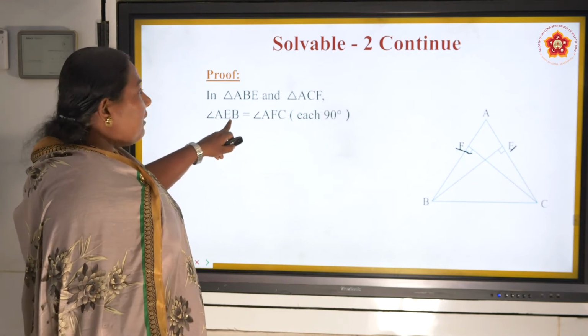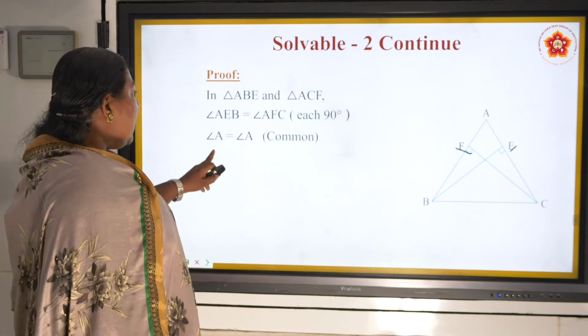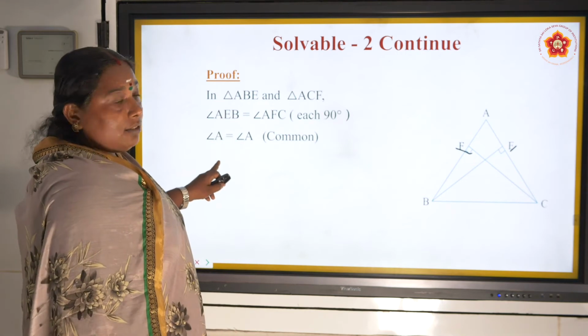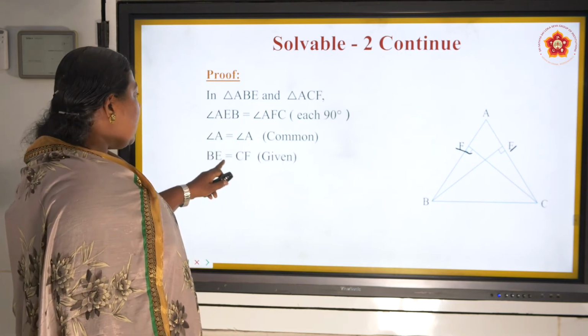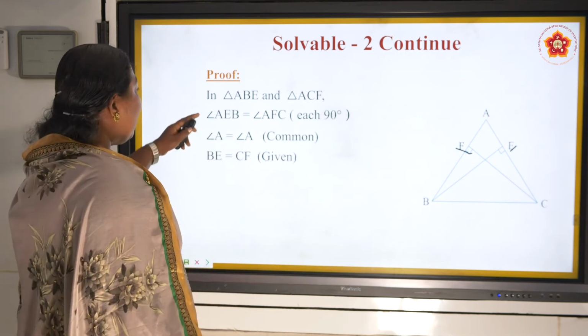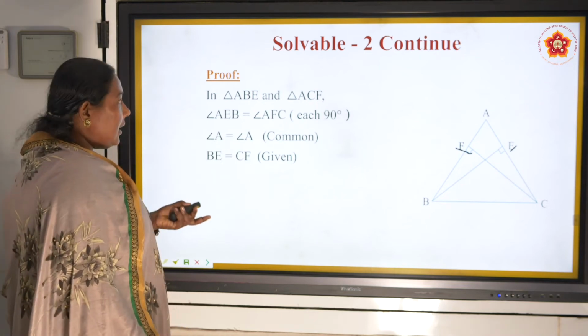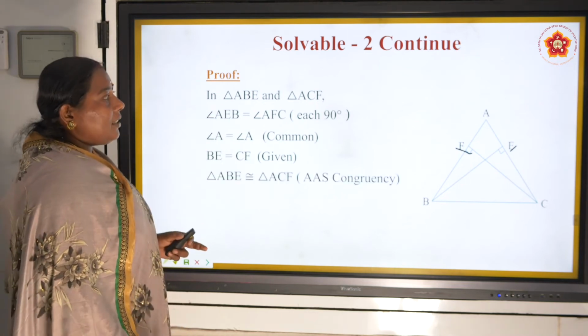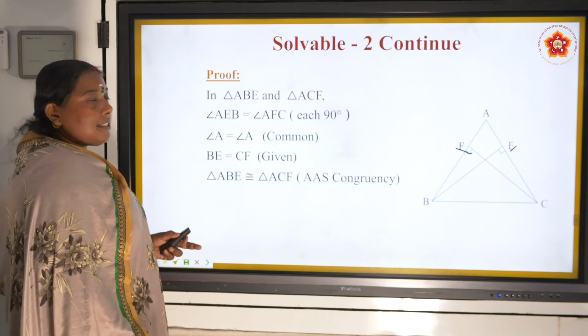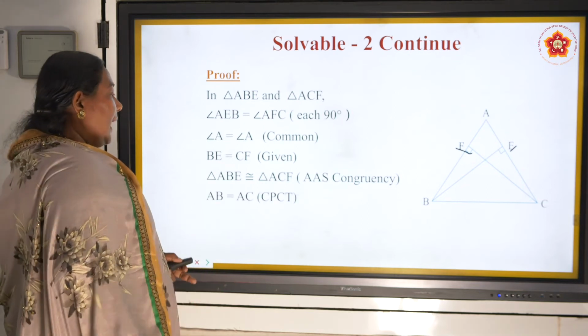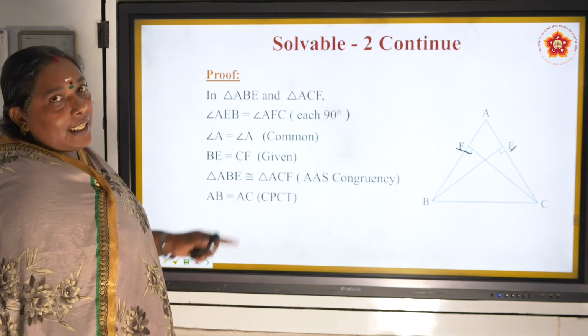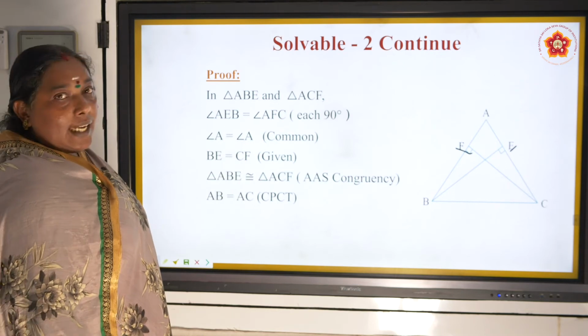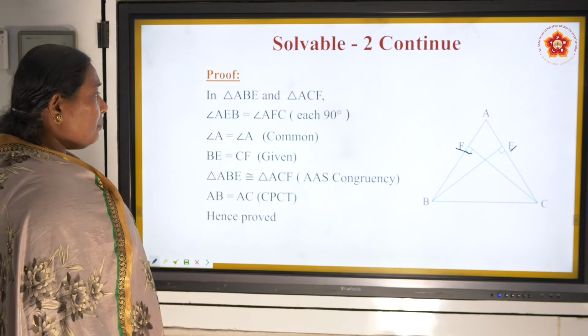Since altitude is given, the angle is 90, angle A is common, and BE is equal to CF, which is given. So by angle, angle, side congruency, I am proving that triangle ABE is congruent to triangle ACF. Through CPCT, I am proving that AB is equal to AC. So this is a very important one.